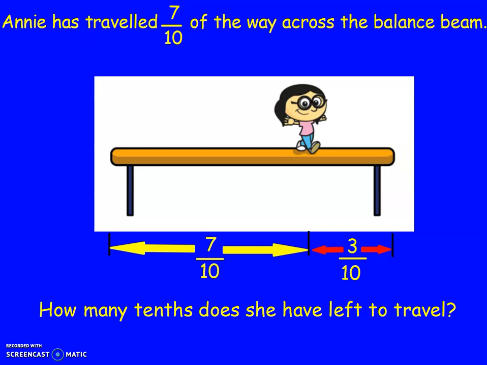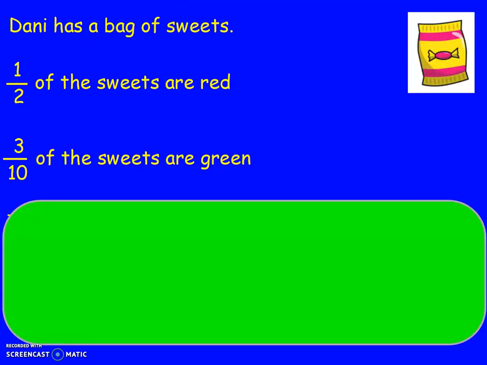Let's have a look at the second challenge. Danny has a bag of sweets. Half of the sweets are red. 3 tenths of the sweets are green. So this is a little bit of a trickier challenge because there's 2 different denominators. But remember, we're counting in tenths today.